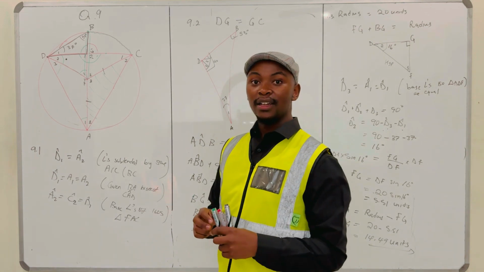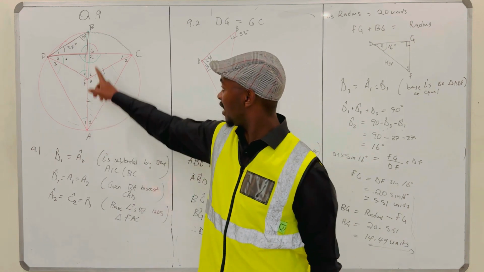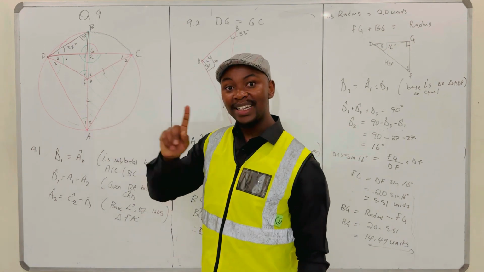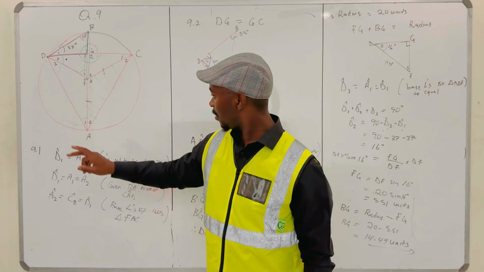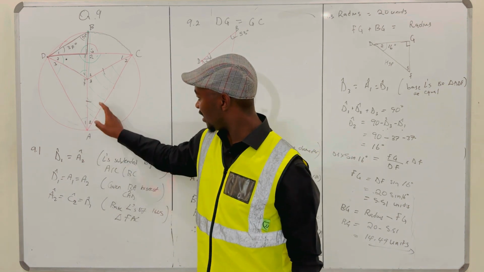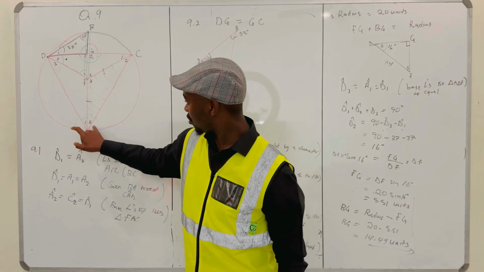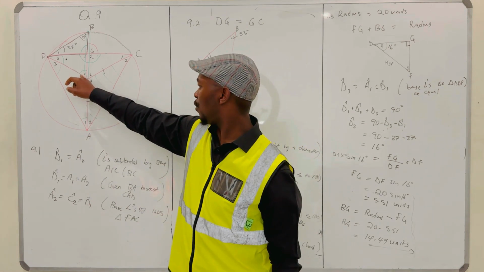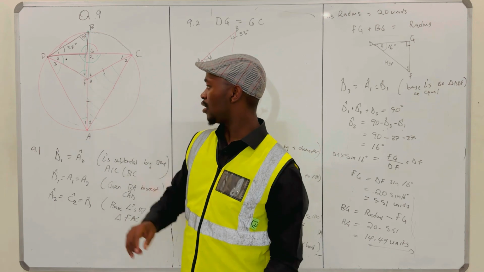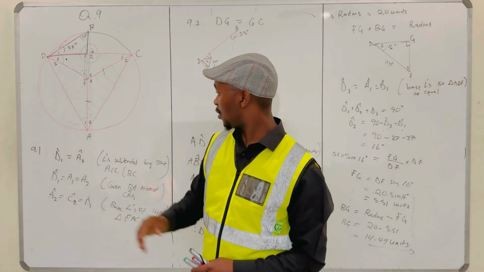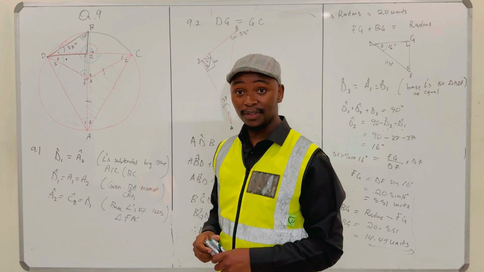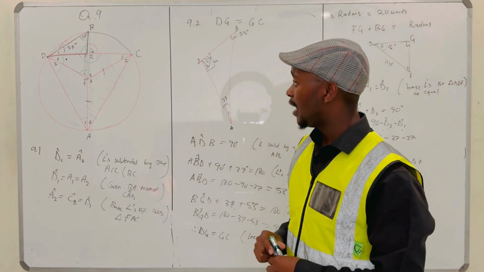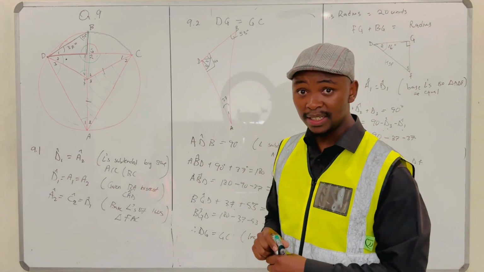Okay. The question is that if we're saying that the line BA bisects the angle CAD, which means A1 is equal to A2, can we effectively say that the angle F1 is also equal to angle F2, because the angle at the center is twice the angle at the circumference? Okay, that is debatable.